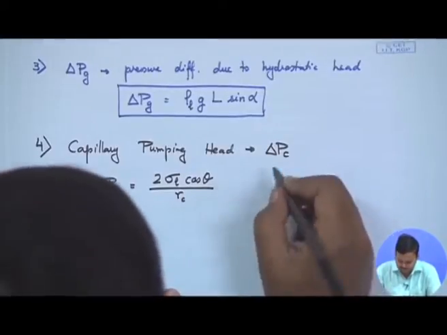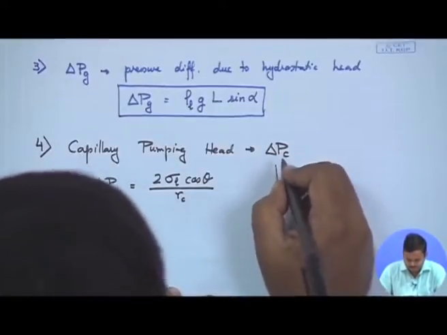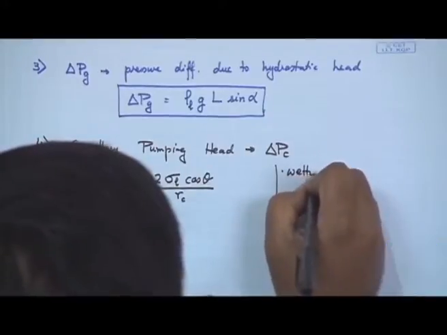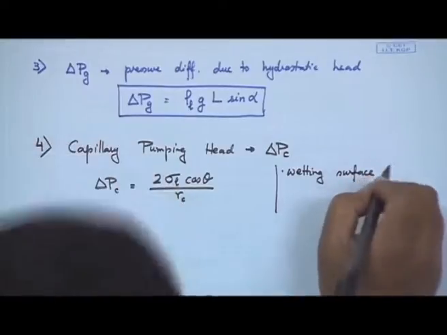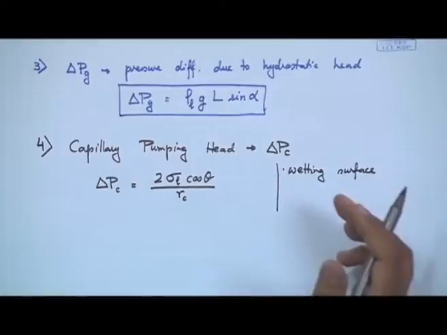So, what all have we used is the following. We have used definitely a wetting surface or hydrophilic surface, otherwise no point using a hydrophobic surface in a wicking material.